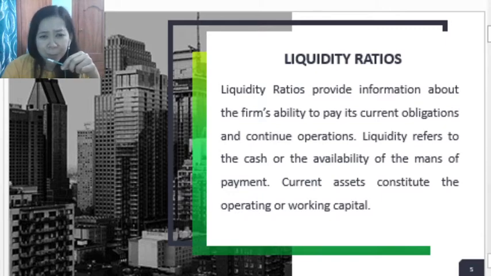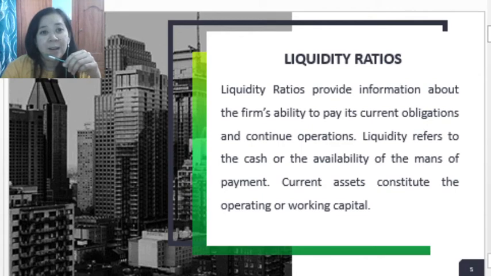If we use these liquidity ratios, the result of the analysis will provide us with information about the firm's ability to pay its current obligations.